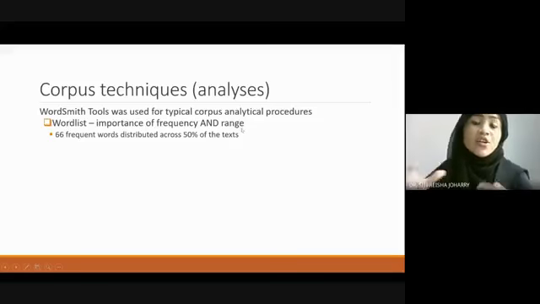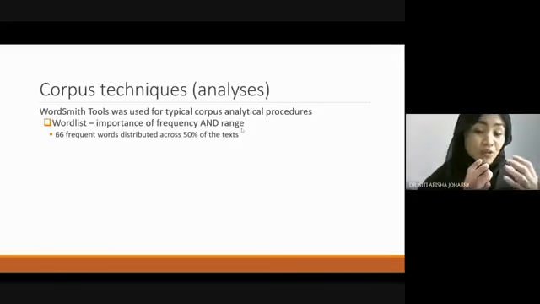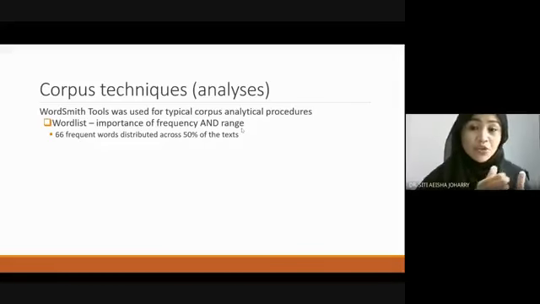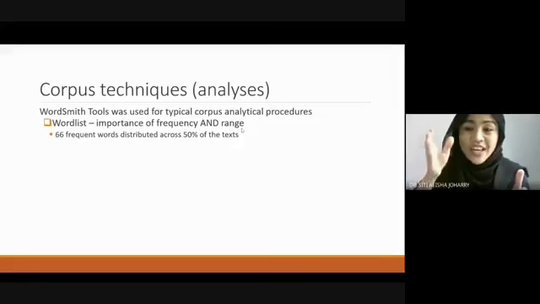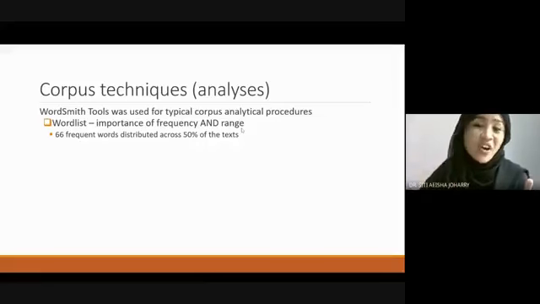Range here means you not only select the most frequent type of words, but you should also select those that are distributed fairly or even more in a lot of texts. So we call this range in corpus linguistics.